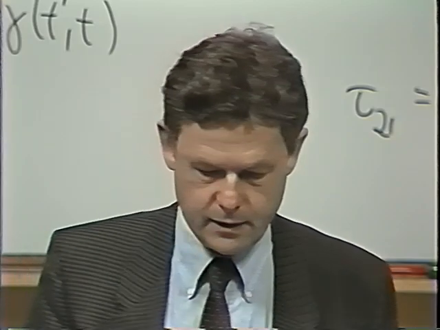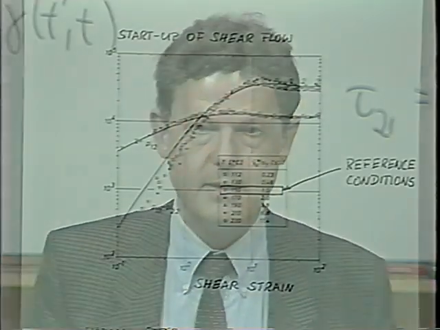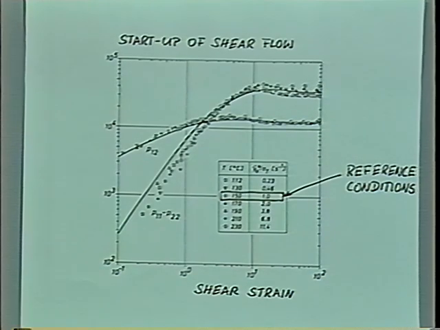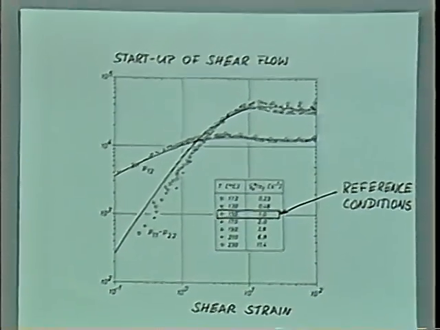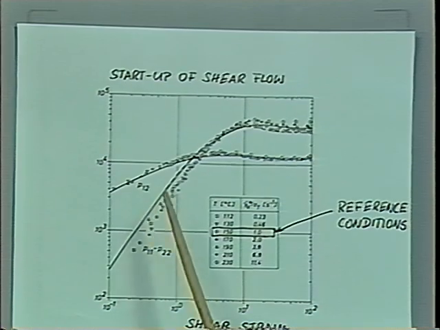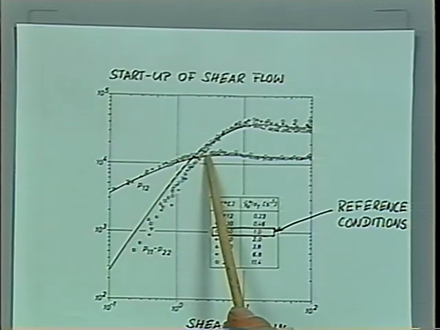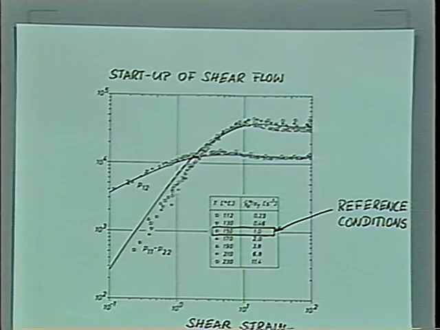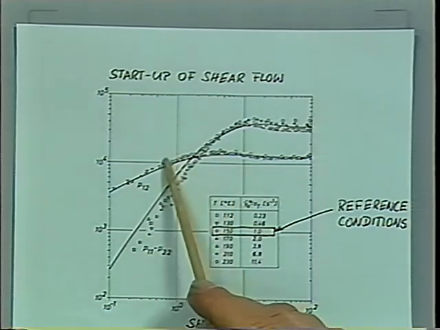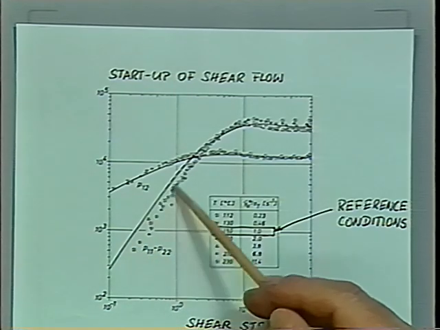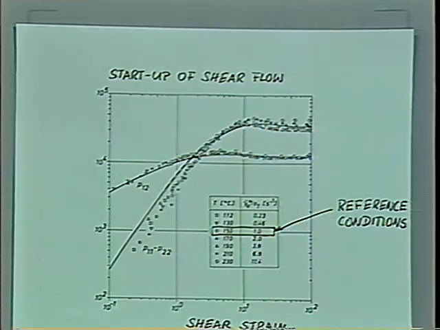Laun, in his paper of 1978, used these equations and checked his data. This is startup of shear flow where the shear stress has been measured. The maximum is not very visible when plotting this in a log-log plot. And he also had the startup of the first normal stress difference.